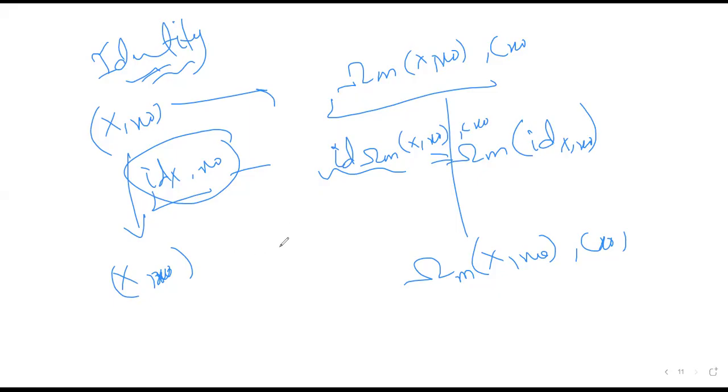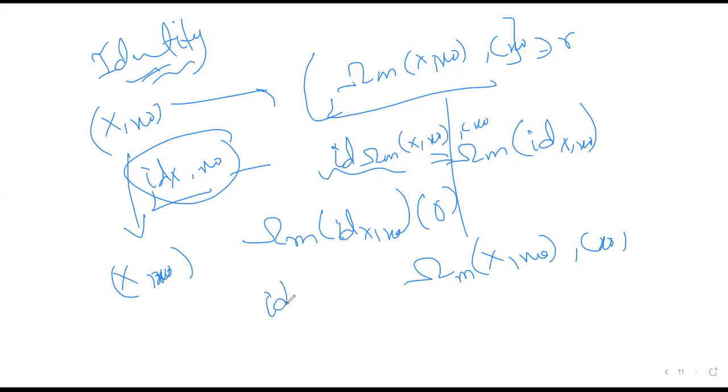So apply Ω^m of id on (X, x0). Let's say gamma is a path that belongs to this graph. So apply in this identity morphism: we get id on (X, x0) composed with gamma, so we will get gamma.